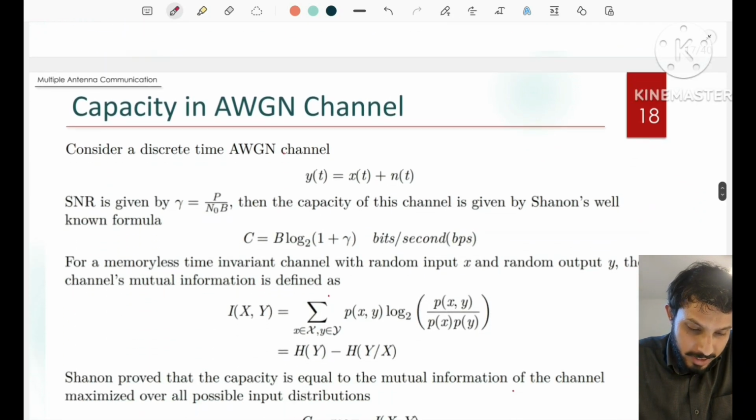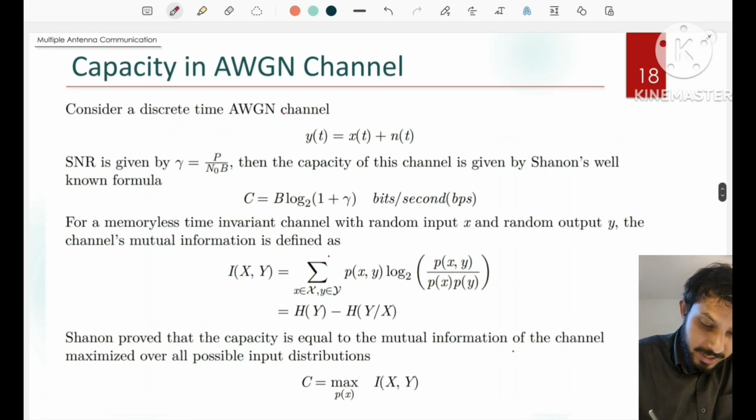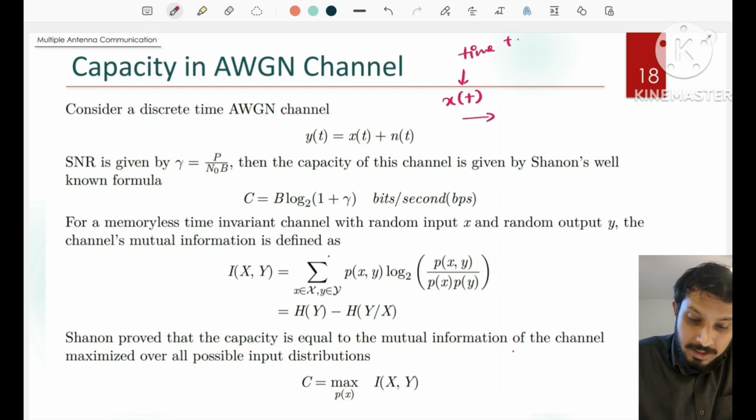So when we talk about AWGN channel, in AWGN channel we have the input x of t, discrete at time t, then we have addition of Gaussian noise, and we have output.